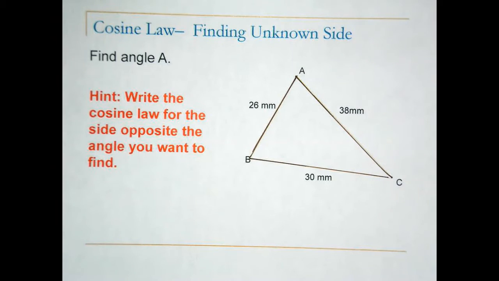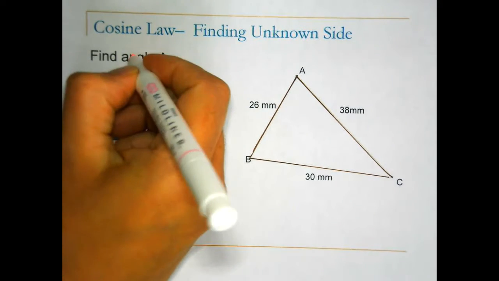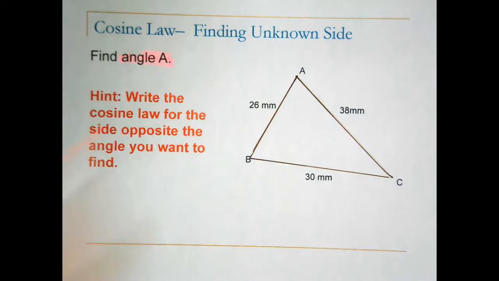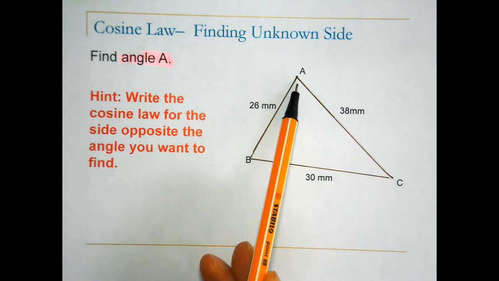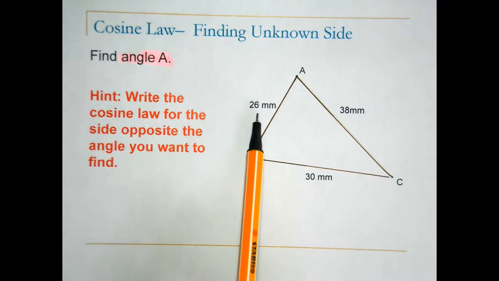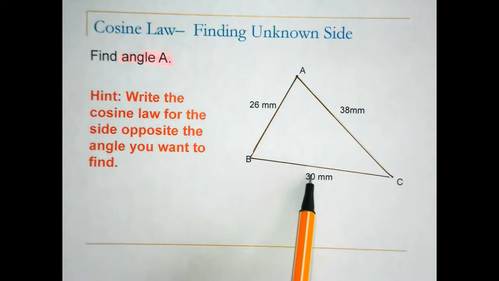The question says find angle A. The important hint here is that we have to use cosine law because we have three sides.